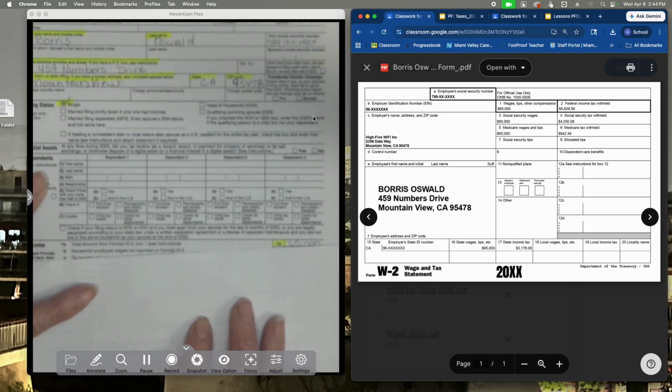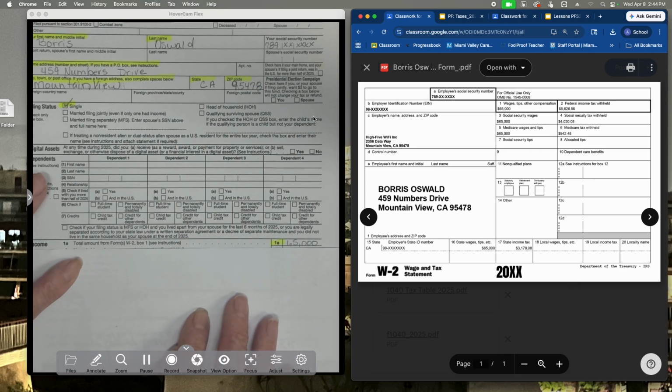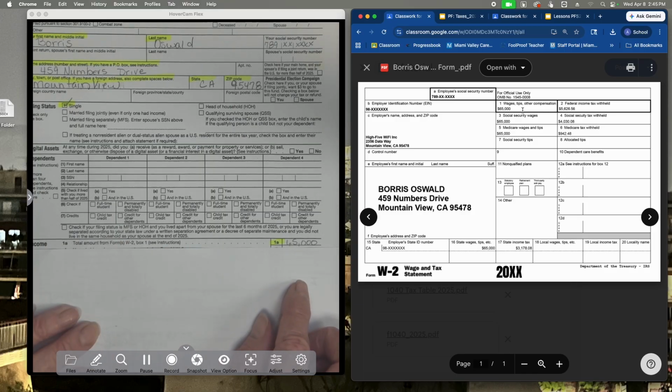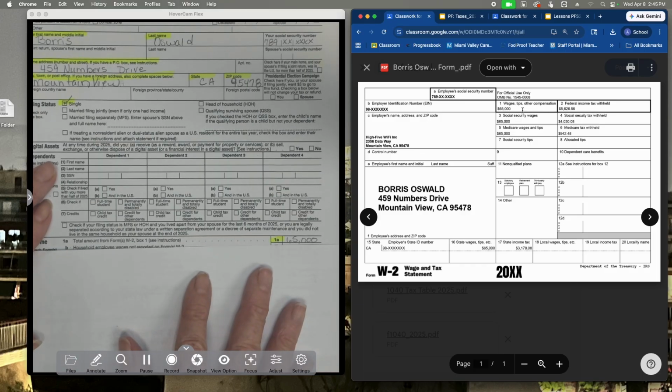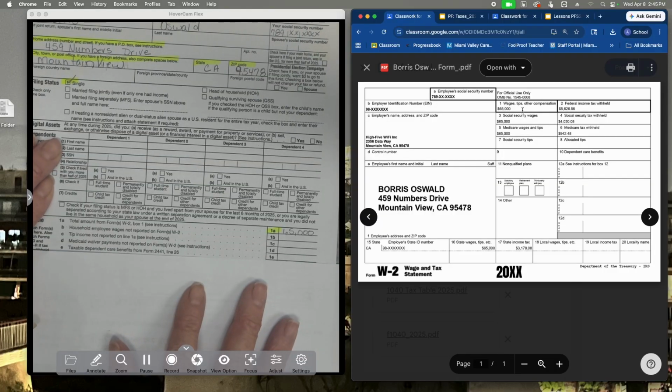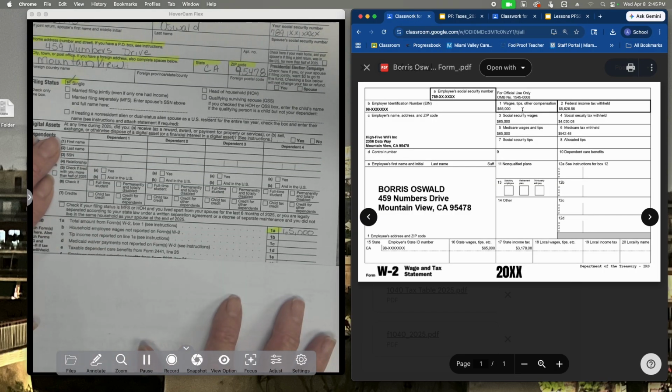And then we're going to go down here to line 1. This says total amount from form W-2 box 1. So we're going to look at his box 1 over here, and you can see he has $65,000 that he made. The rest of the items, he did not have anything that goes along with those. You can look at each one, but he did not have any of those.